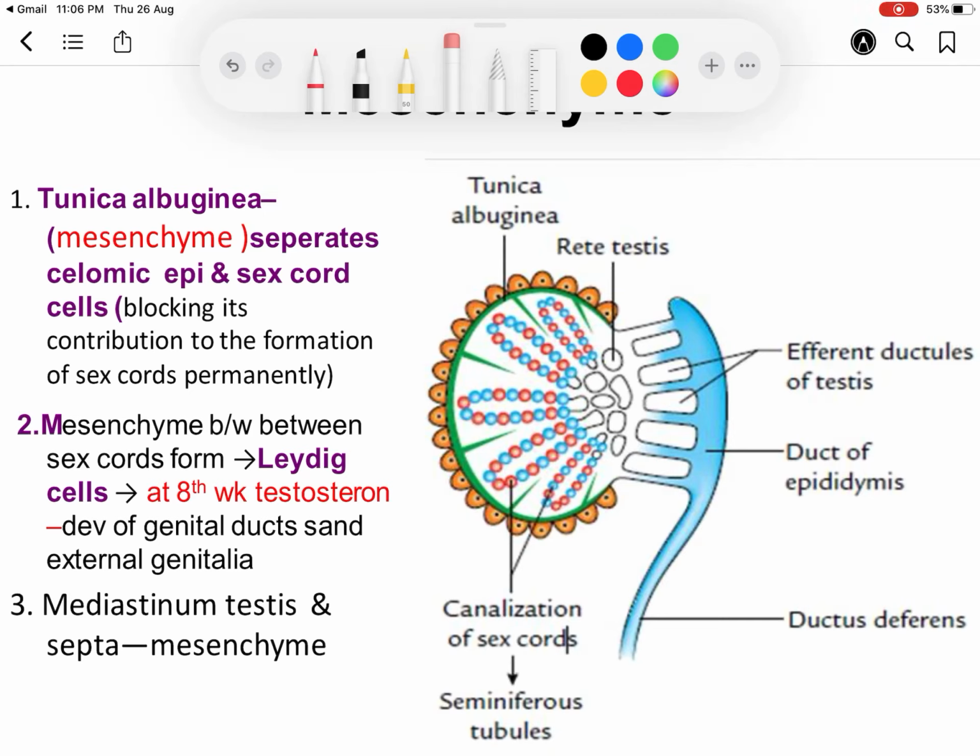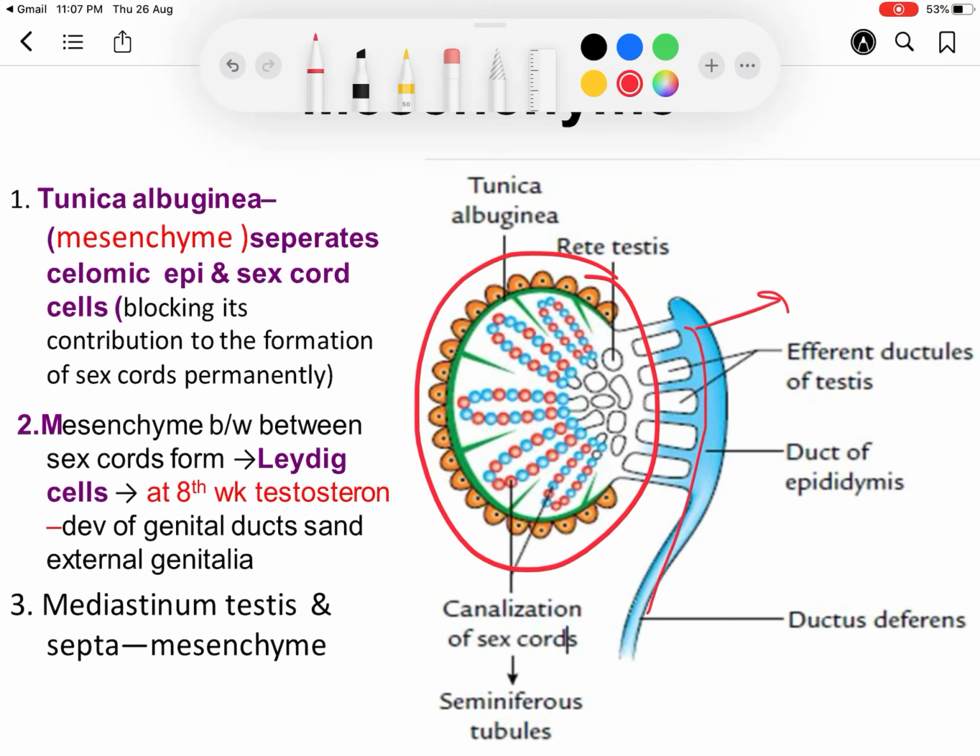Now what happens here: you can see this testis has been developed, and here is a duct of this region, the mesonephros. In this region you can see the mesonephric duct, and there is a connection between the mesonephric duct and rete testis, called mesonephric tubules.